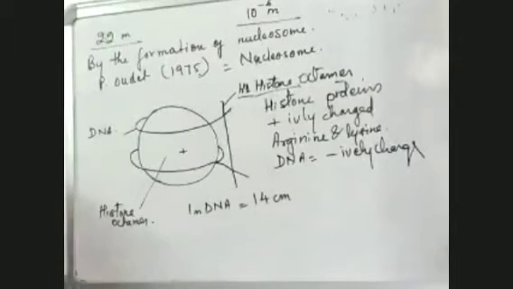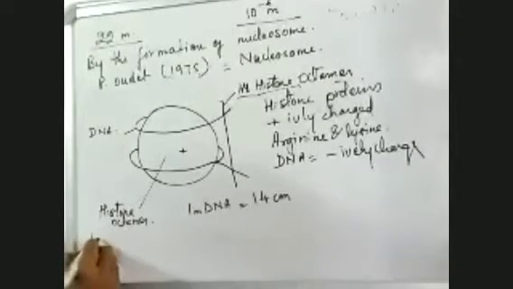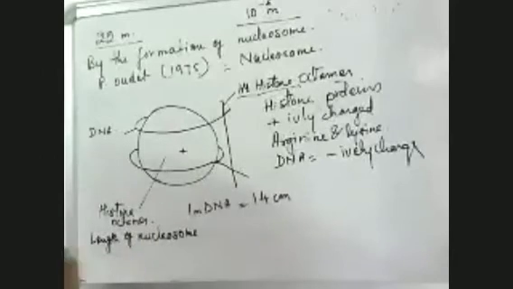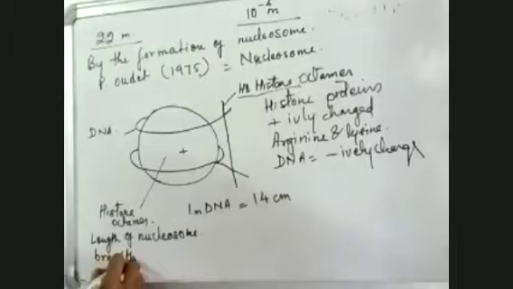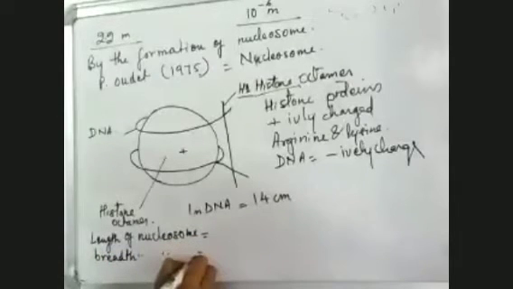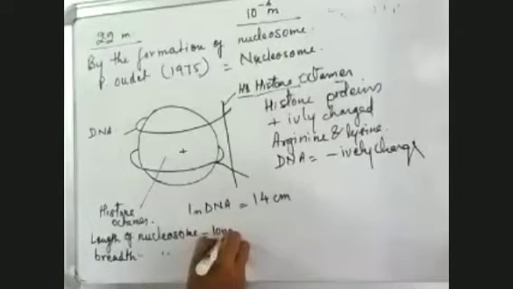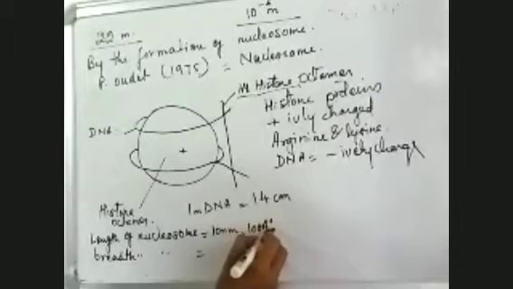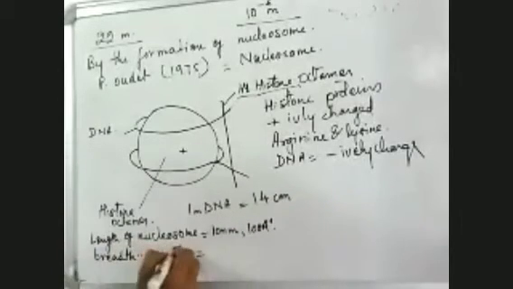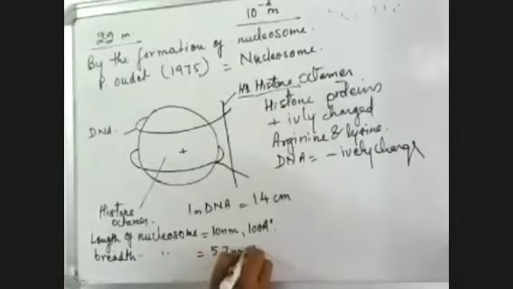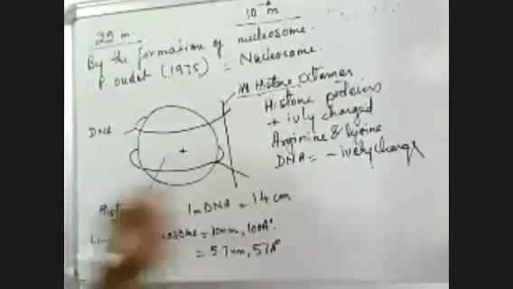When we talk about the length and breadth of the nucleosome, the length is 10 nm or 100 angstrom, and the breadth is about 5.7 nm or 57 angstrom.